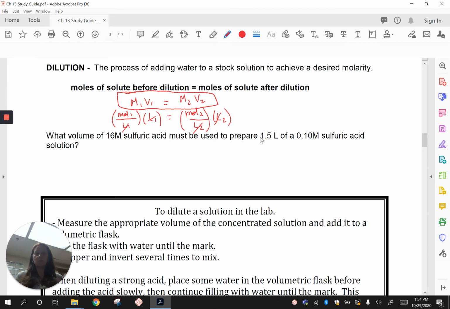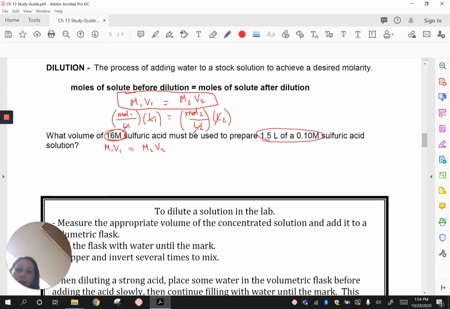So let's say I need 1.5 liters of 10th molar sulfuric acid for a lab. And the concentrated stuff I have is 16 molar. So what do I do? I do an M1V1 problem. So I do M1V1 equals M2V2. Basically, I'm trying to figure out how much of this I use in order to make 1.5 liters of 10th molar.